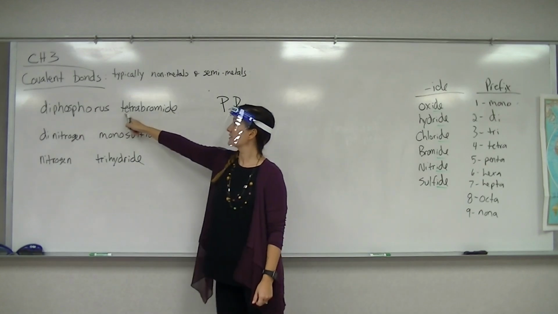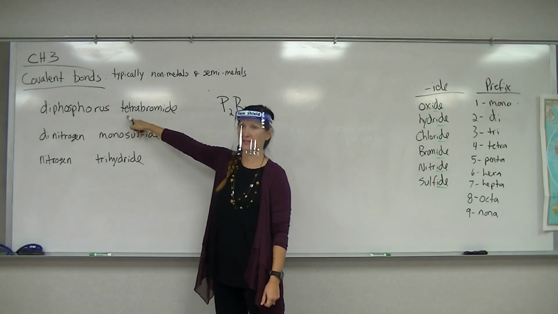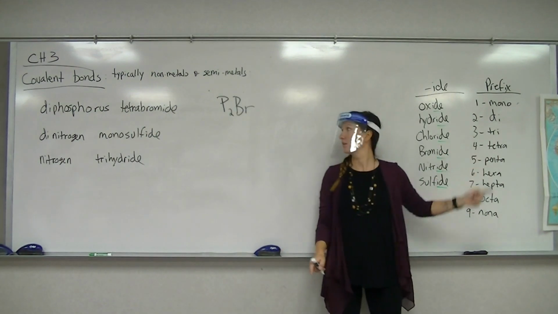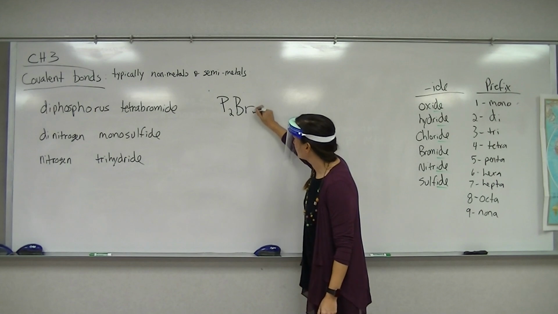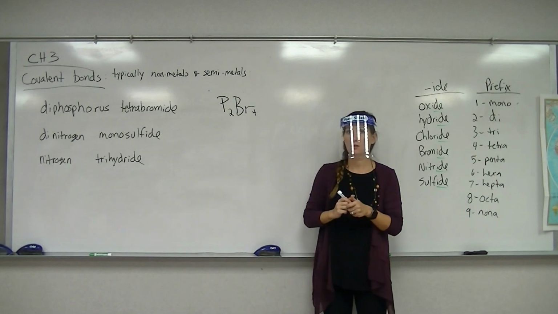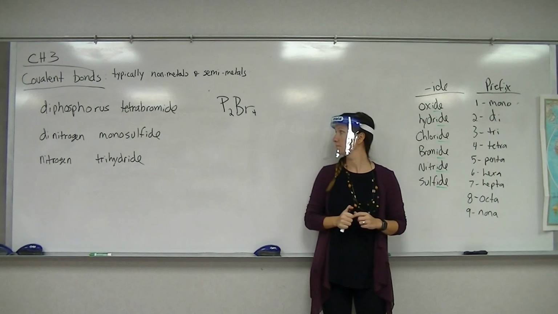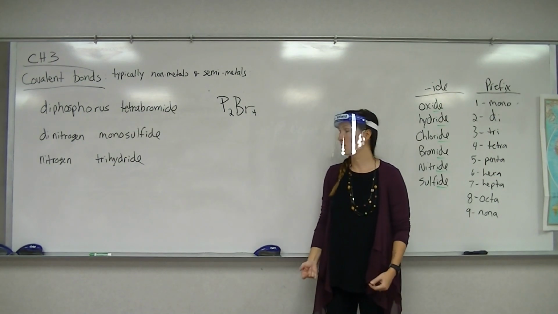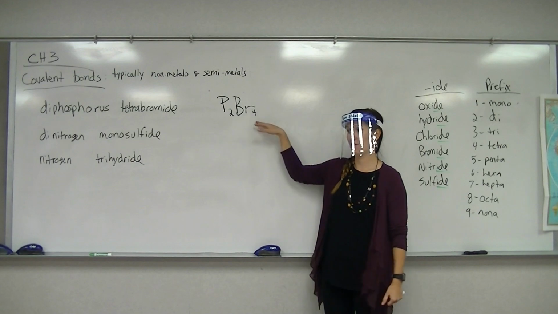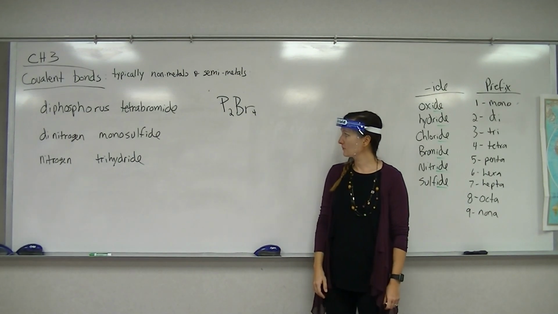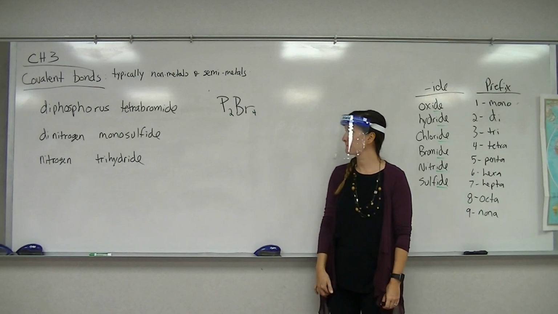Looking at the prefix before bromine, in this case tetra, tetra says 4. So I'm going to put a 4 subscript after bromine. 2 phosphorus, 4 bromines. So as long as you know what the prefixes stand for, you can figure out the amount of each. Try the next one.